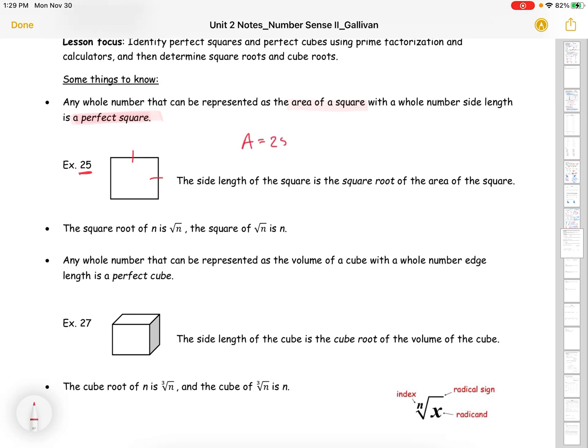So if my area is 25, that means that each side will be equal to the square root of 25, which equals 5. The area is equal to side squared, right? So that means that this would be 5 by 5. It's a perfect square.